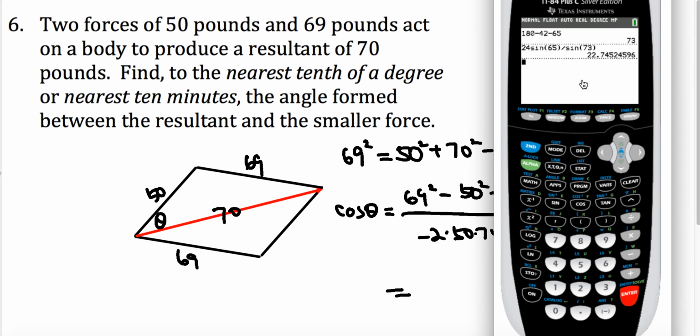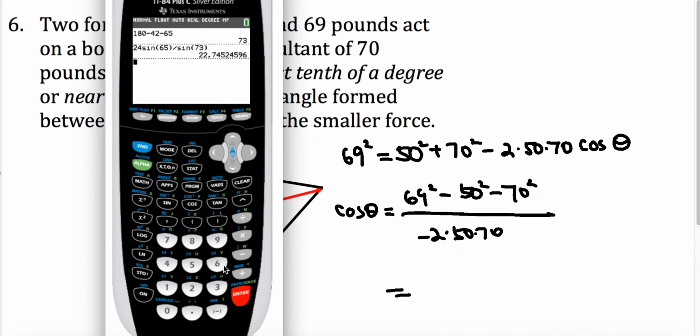So once I calculate this portion, 69 squared minus 50 squared minus 70 squared, we get some negative number divided by negative 2 times 50 times 70. Then 0.377. Alright, so then we're going to take the inverse cosine of that value.